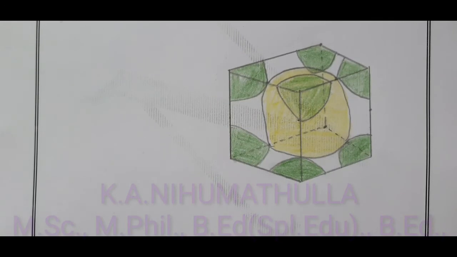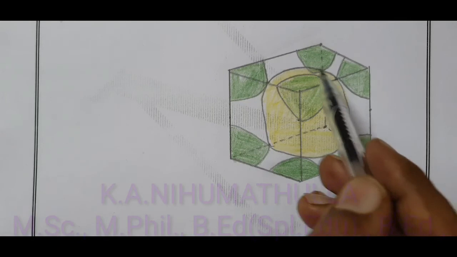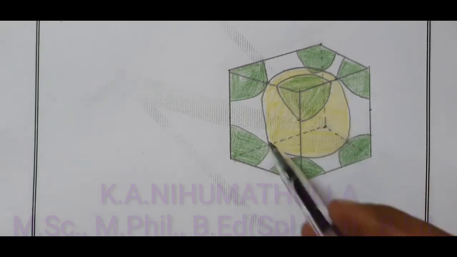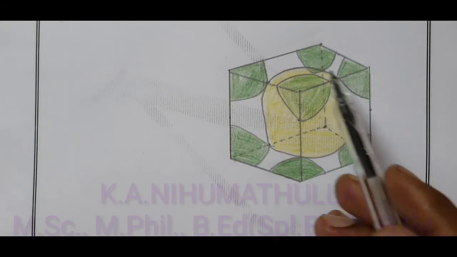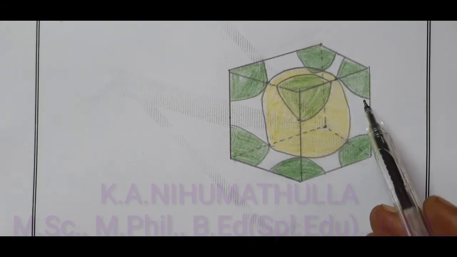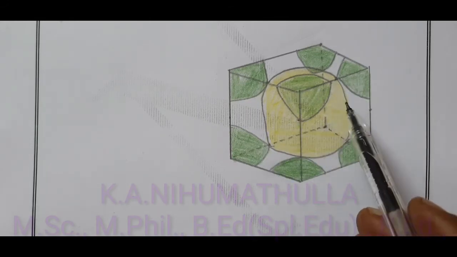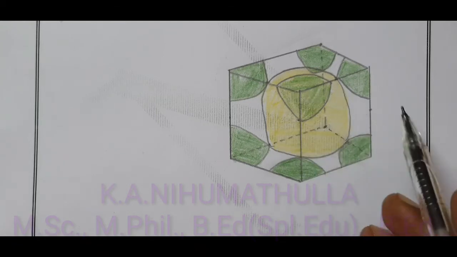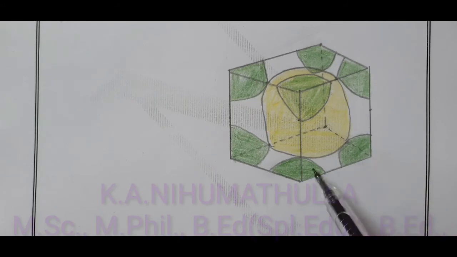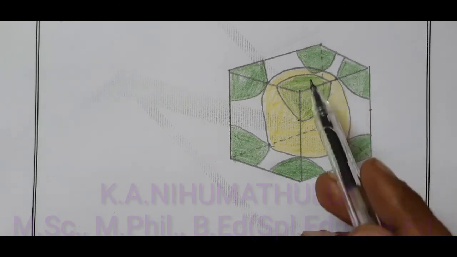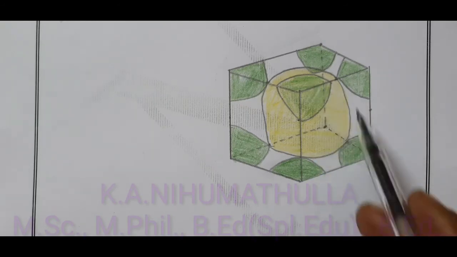This is our body centered cubic unit cell, in which there is one center atom, the body center atom, and all the corner atoms are touching the body centered atom, but they are not touching each other. The corner atoms are only in contact with the body centered atom.